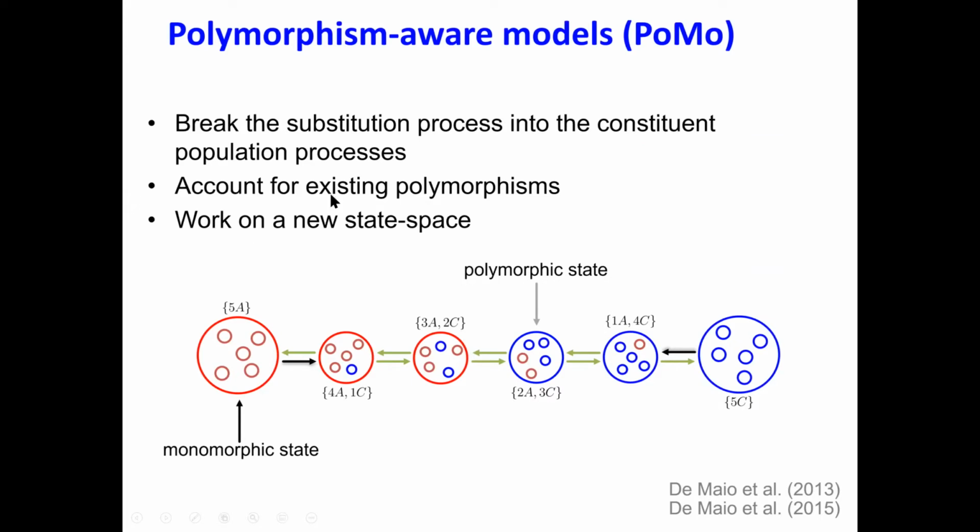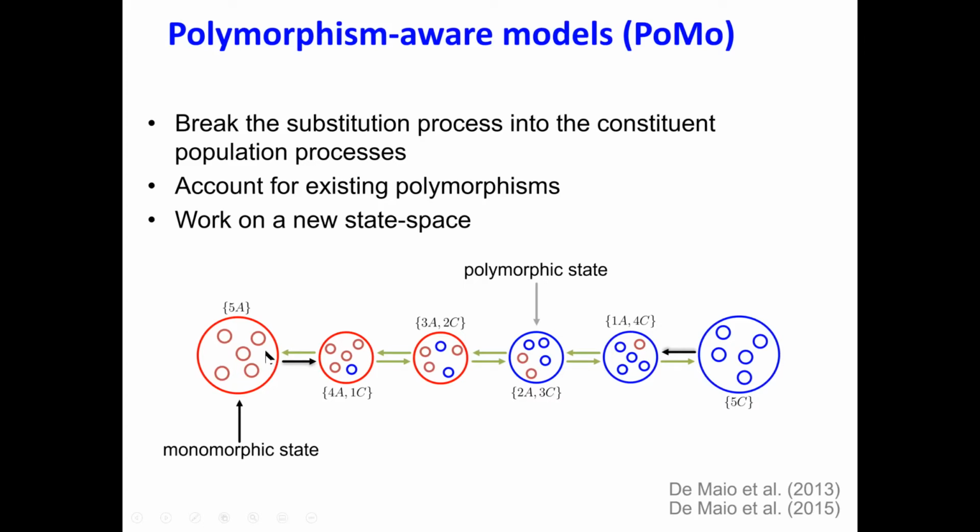We account with this for existing polymorphisms, but we have to work with a new state space. So this is an example here of such a state space. You will have fixed states, monomorphic states. So for example, here, all the individuals have an A, which is also here colored by red, so the red allele.